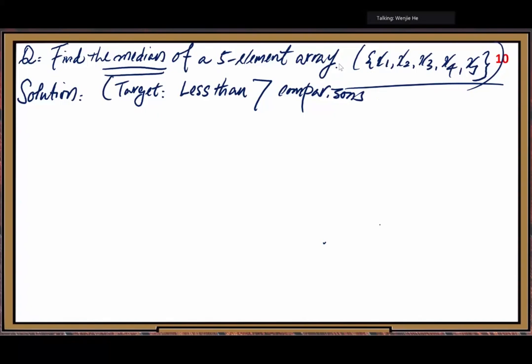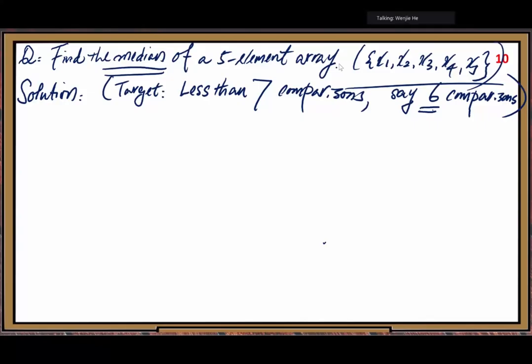So let's say 6 comparisons. Because it's very hard to improve even 1 comparison. Here, we reduce the number from 7 to 6. That's a big improvement. So let's target this 6 comparisons first.